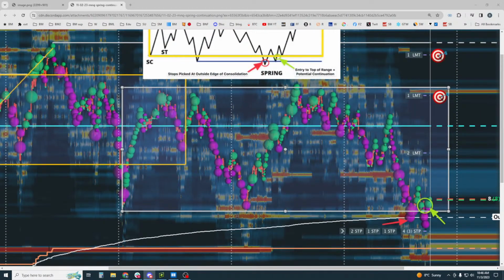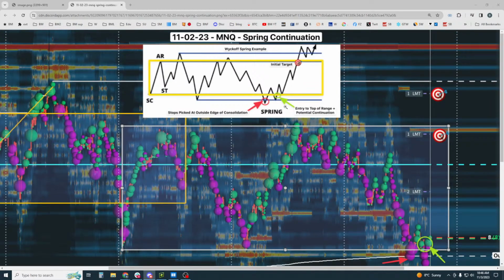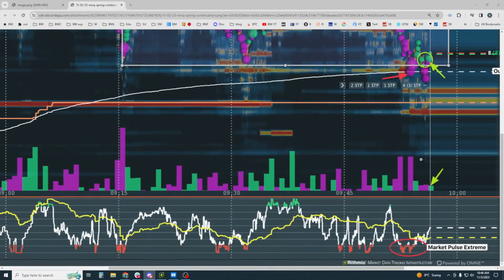So you can say your Wyckoff spring setup is what you've been looking at for, I don't know, several months now, slowdown. But then maybe it's Wyckoff spring with Market Pulse, or version 2 or whatever, and track it separately.